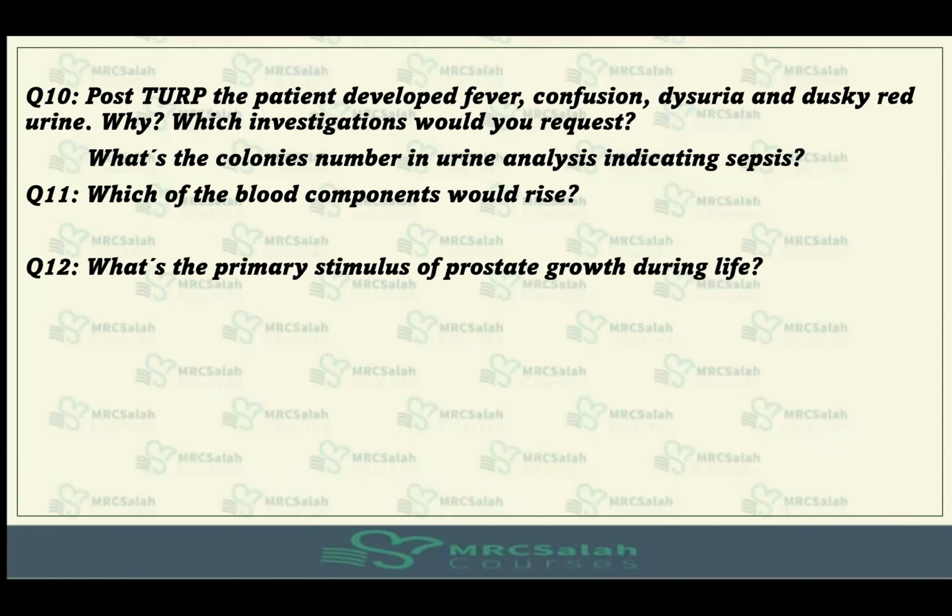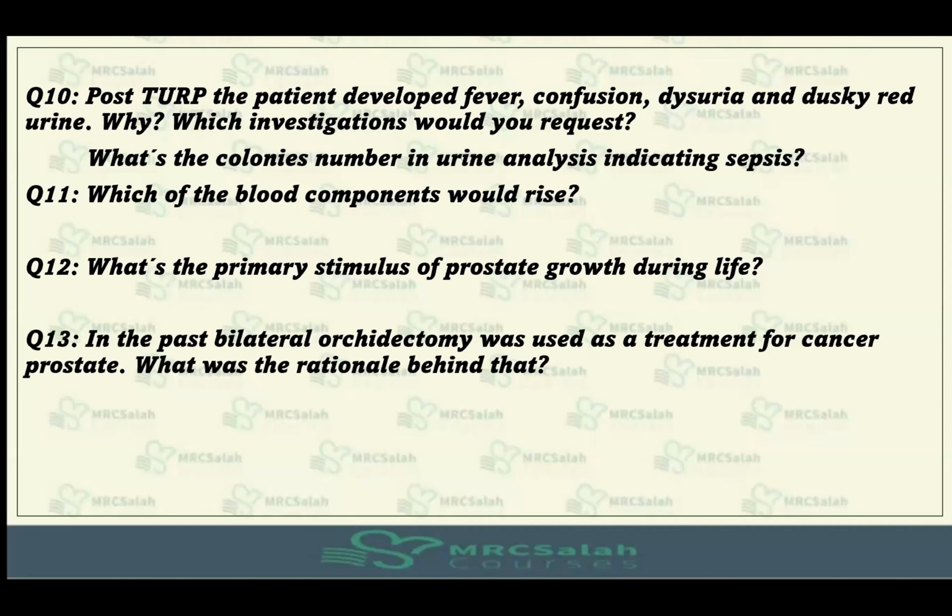What's the primary stimulus of prostate growth during life? The androgen, testosterone. In the past, bilateral orchidectomy was used as a treatment for cancer prostate. What was the rationale behind that? This is for androgen deprivation.